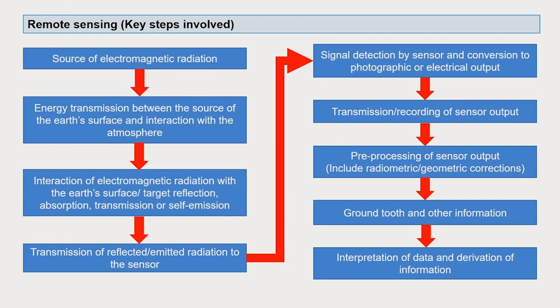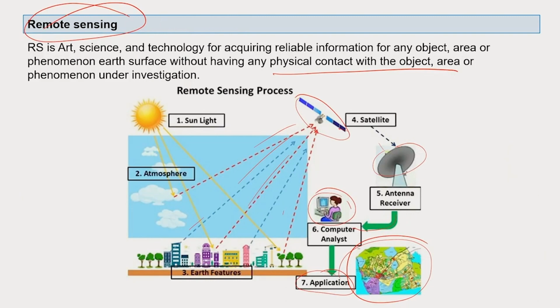The first step is the source of the electromagnetic radiation. See the picture, unless some signals go from here, the satellite will not be able to capture. Only then will the satellite be able to send some signals to the antenna, when it gets some signals from the different surfaces, right?